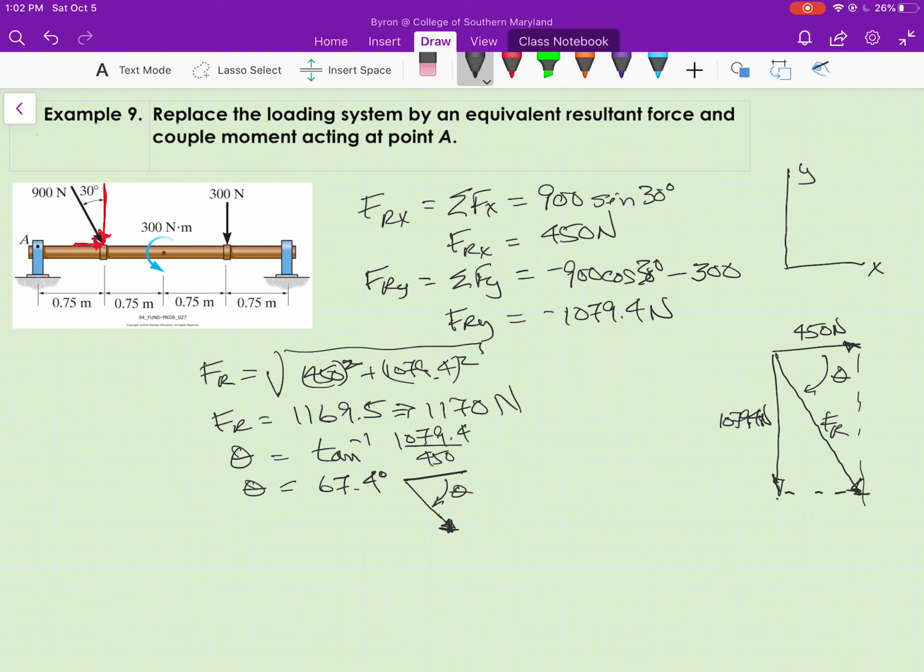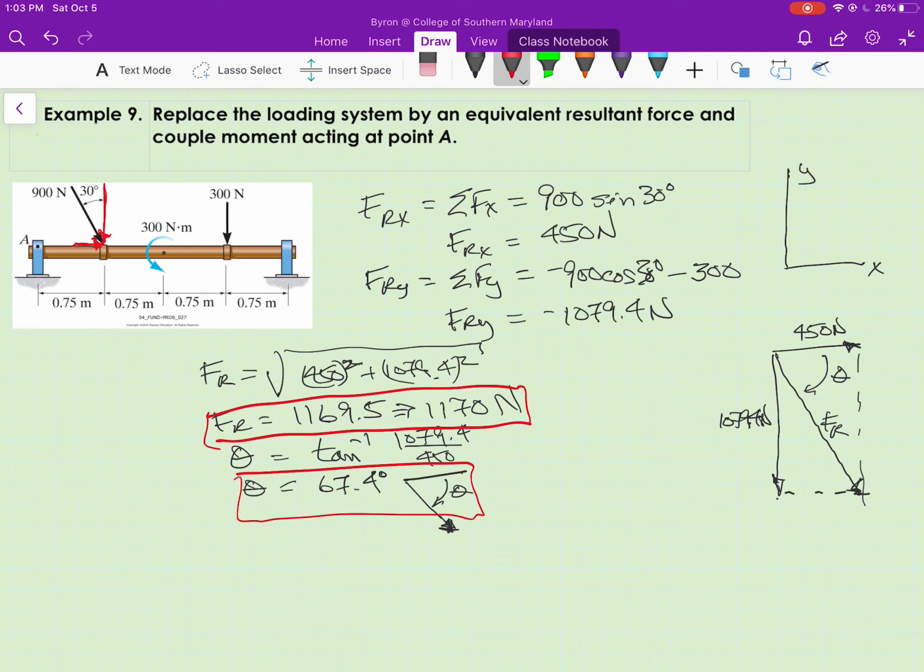Okay, so the equivalent resultant force, here's its magnitude, here's its direction, and we would show that at A. Let's do it in orange.